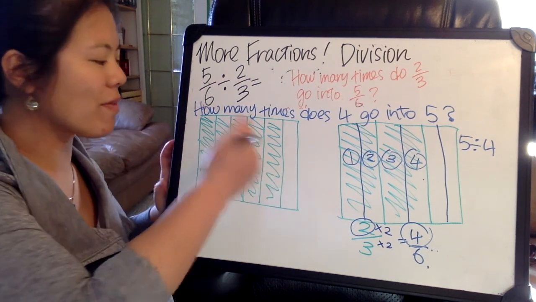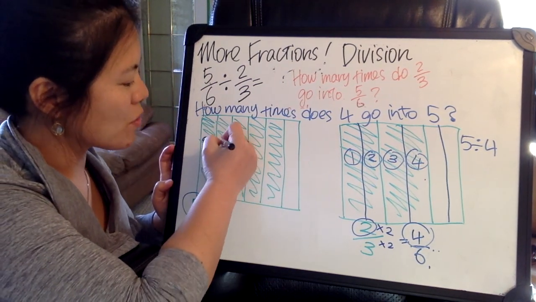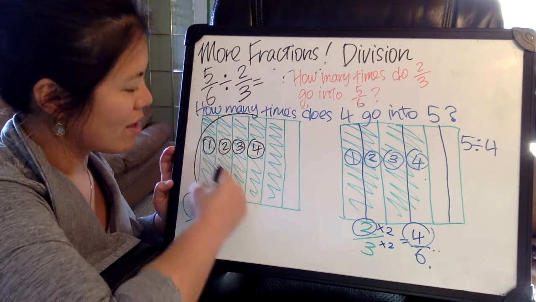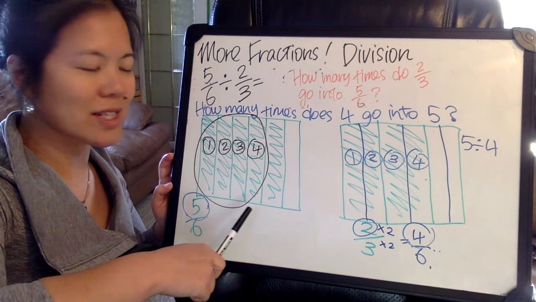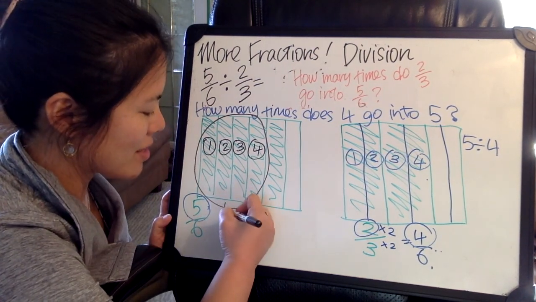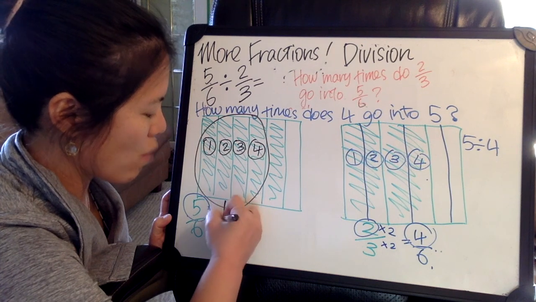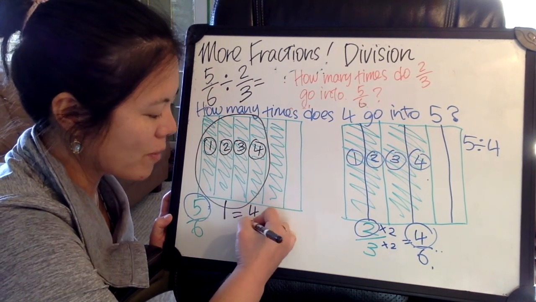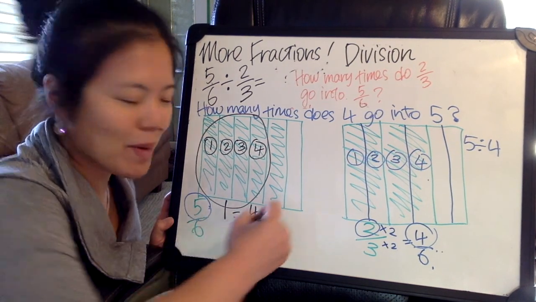So I know that when I have 1, 2, 3, and 4, okay, 4 goes into 5 at least once. And that means this is my 1. That means when I have 4 out of 4 pieces, that's my new whole.